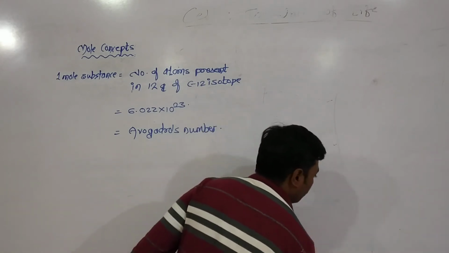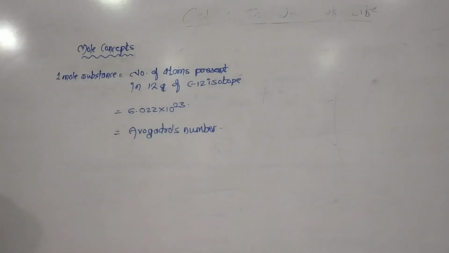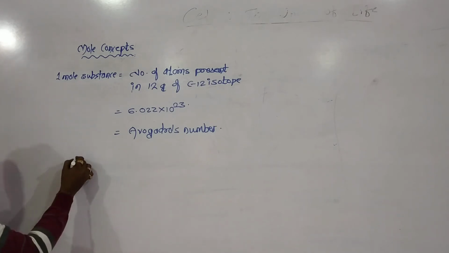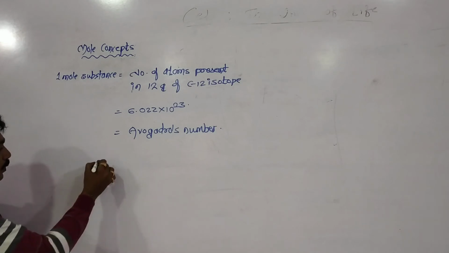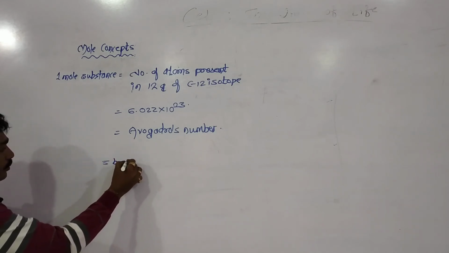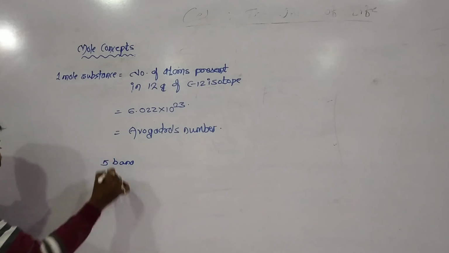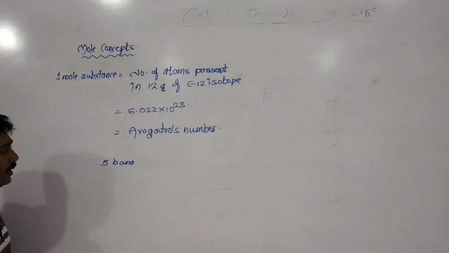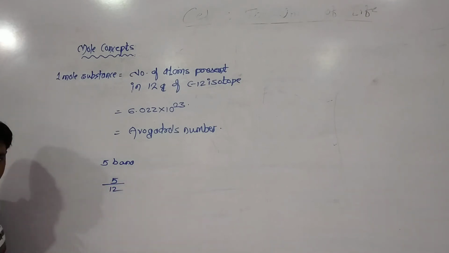Now from this value we will get a new formula. Suppose I want to calculate a dozen unit for 5 bananas. Then how will I calculate it? Just 5 upon 12.